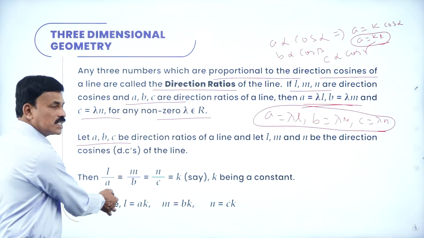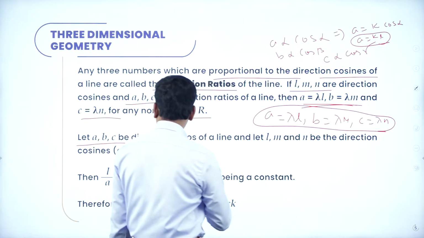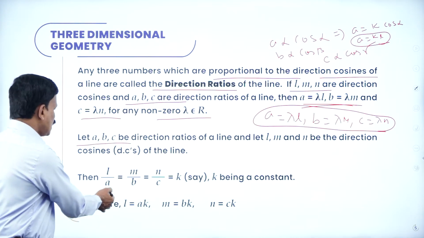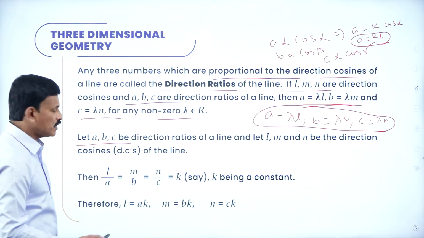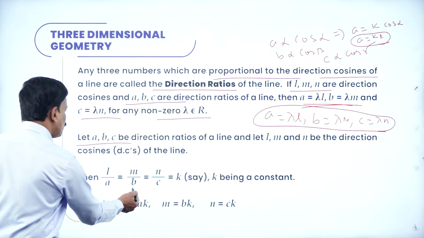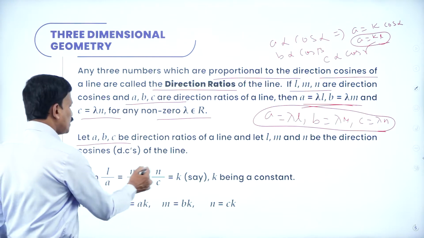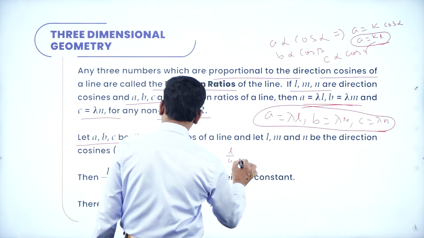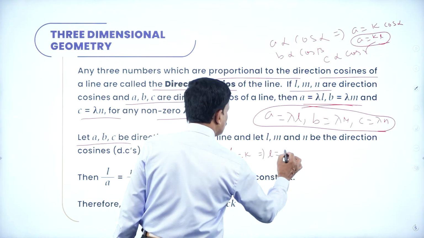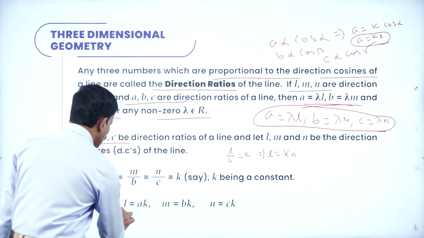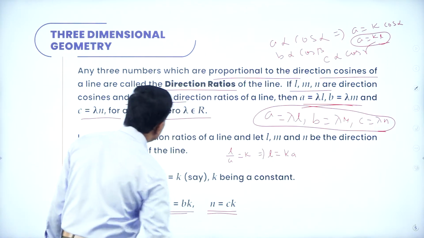Then we have the relation a by l is equal to lambda, or you can also write l by a is equal to m by b is equal to n by c is equal to k, where k is a constant. If l by a is equal to k, then l is equal to k into a. Similarly, m is equal to b into k and n is equal to c into k.